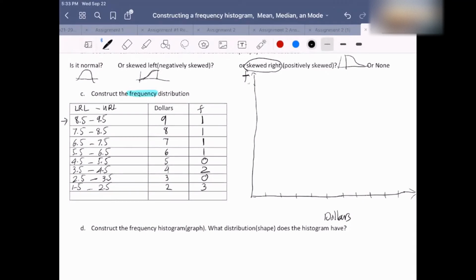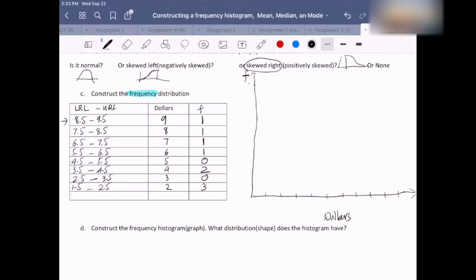All right, so I already got the answer from many people. Most of you got the same answer. And I know that you might still be confused about the skewed left and right? If the tail is to the left, everyone, then it's called skewed left. And if the tail is to the right, then it is skewed right.